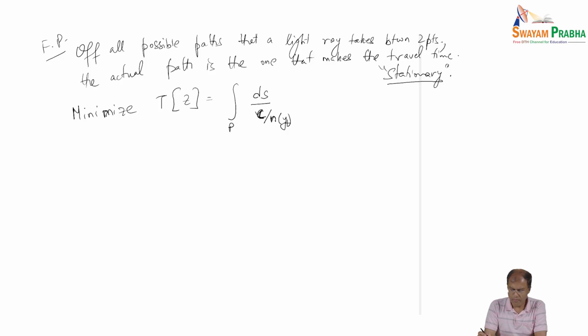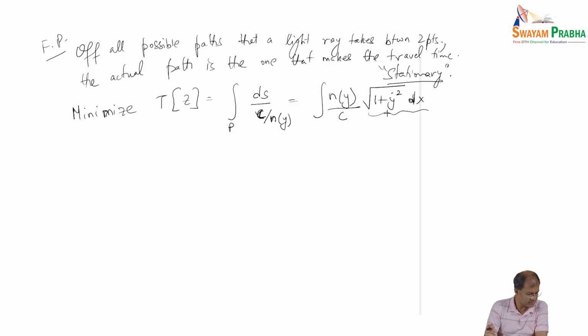Right? So now let us rewrite this integral. This integral is n of y times 1 over c times ds. ds is under root 1 plus y dot square dx. Right? So that is my curve integral.